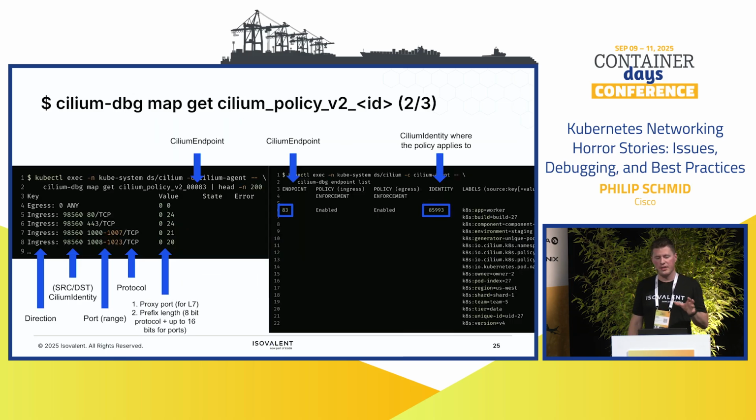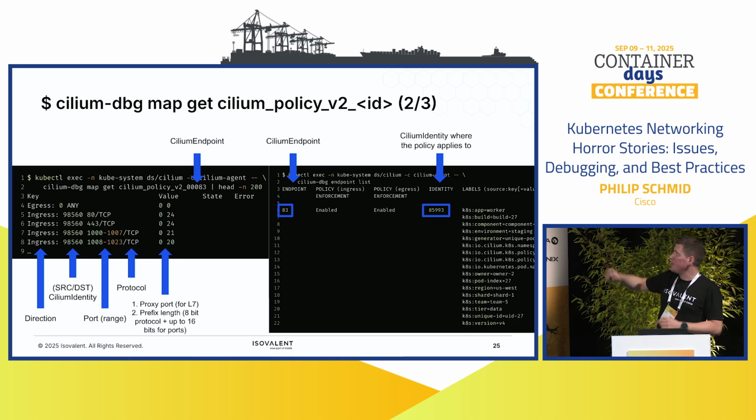Now, you can correlate this information with the endpoint itself by running a cilium debug endpoint list, so you have more details about the endpoint. And here on the right-hand side, you even have the specific labels that are set on this pod and are used to generate first the endpoint itself, but also the Cilium identity, which is in the end used for the network policy enforcement.